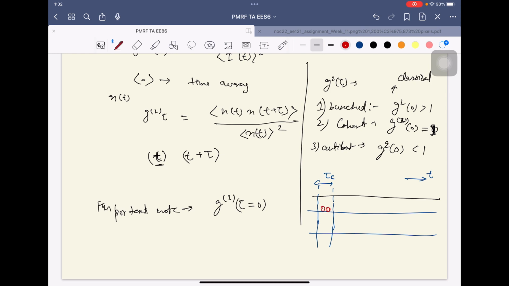We see these two photons, and these three photons here, one photon here, one photon here, and one photon here. Similarly in this line, and in this line. So this photon detector as a function of time: this will be anti-bunched, this will be random, and this will be bunched light.